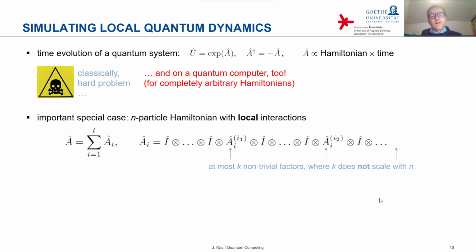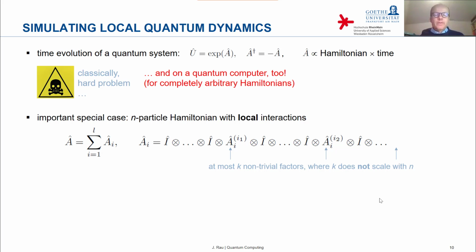So if I think again of the elementary magnets in a solid state system, in a crystal, say, then let's say each magnet interacts with 12 neighbors, regardless of how many magnets there are in total in your system.